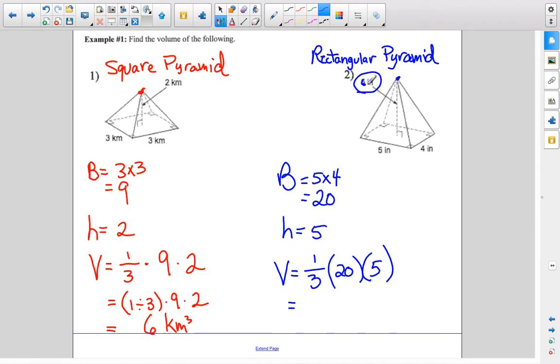So change that in your diagram there so it looks more like a 6. And I'll go back and make our height 6. Okay, so 1/3 of 20 times 6. 20 times 6 is 120, and 1/3 of 120 is 40, and that's inches cubed.